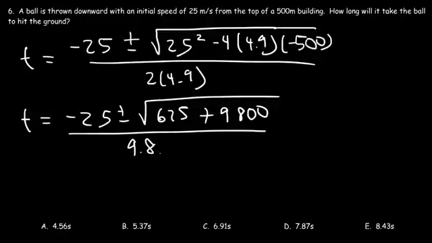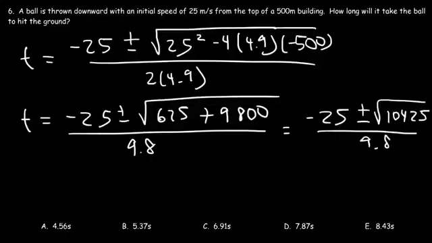So now let's add 625 plus 9,800. So now what we have is negative 25 plus or minus the square root of 10,425 over 9.8. The square root of 10,425, that's going to be 102.1.